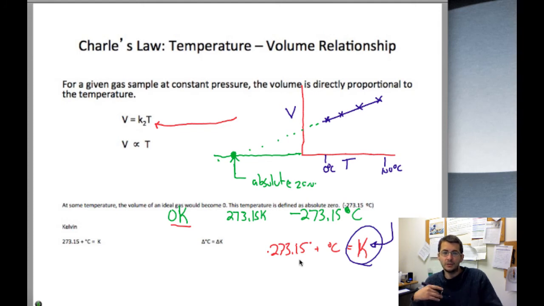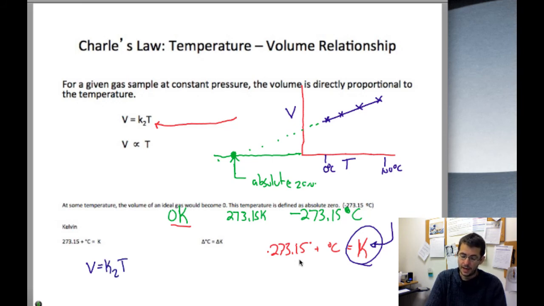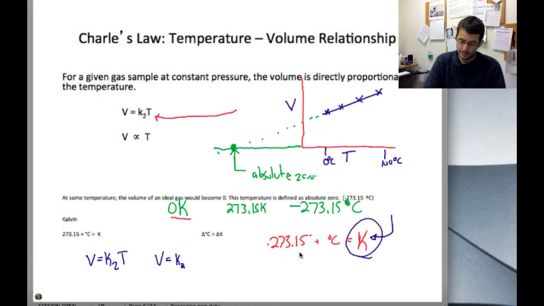So if we use an absolute scale, what that means is that volume is equal to a constant times T, and given any two temperatures, the same gas at a different temperature will have a different volume, but they can be related via this constant.